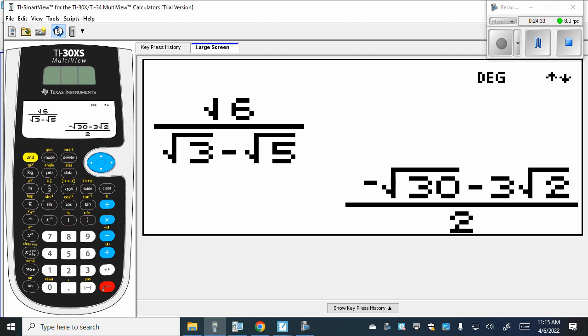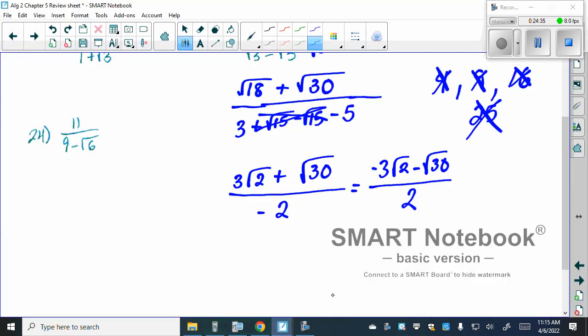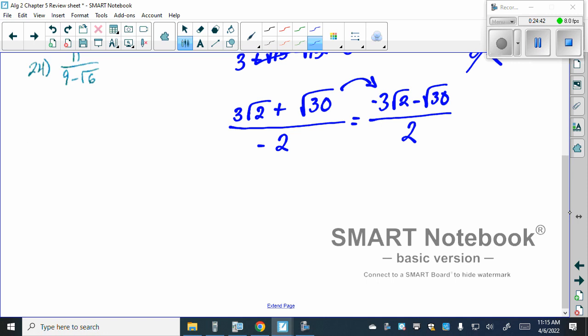Because essentially, what we did to go from here to here is that we factored a negative 1 out of the bottom. So we're saying negative 1 times, I'll flip them around, square root of 30 plus 3 square root of 2 over 2. And then multiplied it back through the numerator to get there.